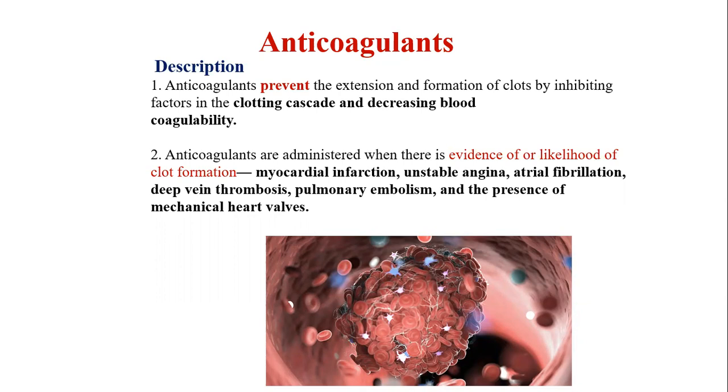So if any patient has atherosclerotic change because of accumulation of bad cholesterol, they have a chance to develop blood clot formation. If any patient is immobilized for a long time, just imagine a patient after a major surgical operation, then they are immobilized.